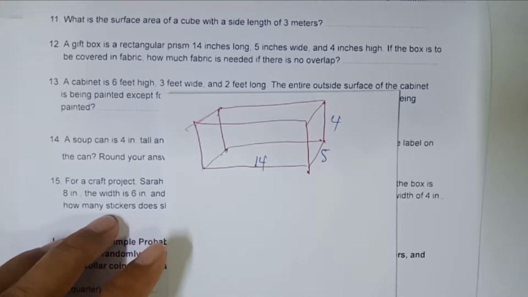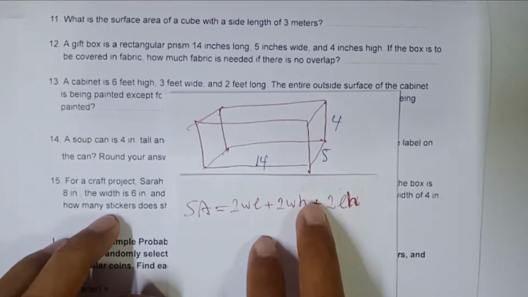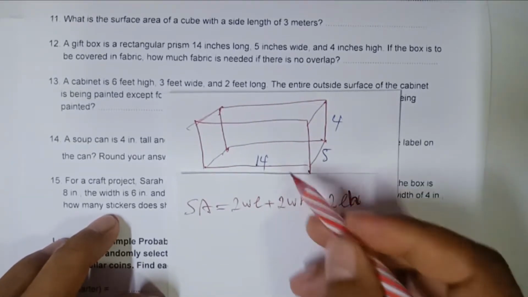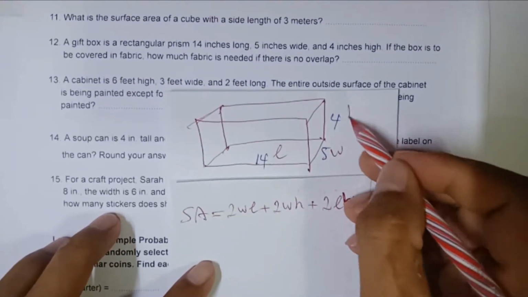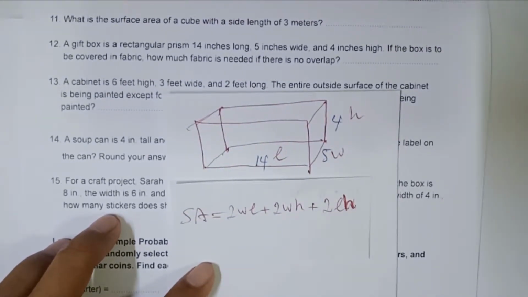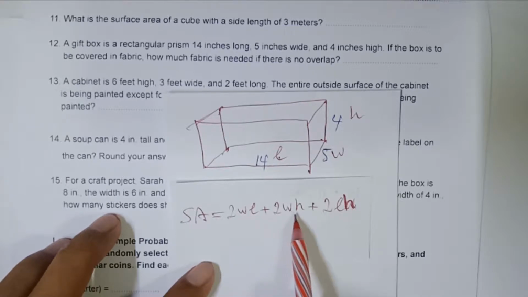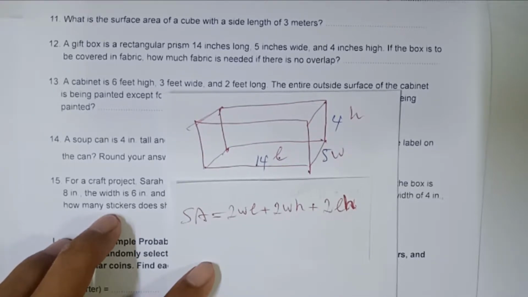I hope by now you know the formula, and once you know how to work with that one, you know that this part here is L, W, and H. Then you just follow the formula by substituting the values and adding all of these products together, and then you will have your answer.